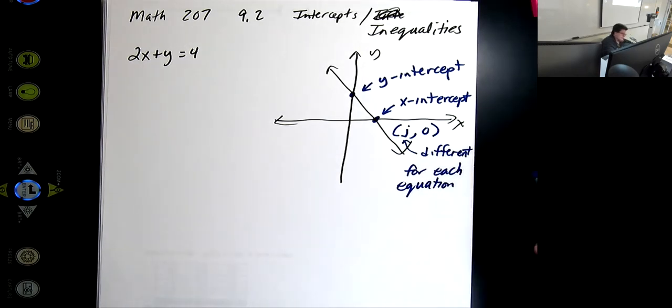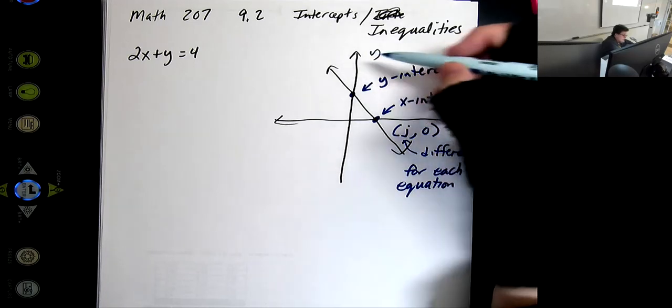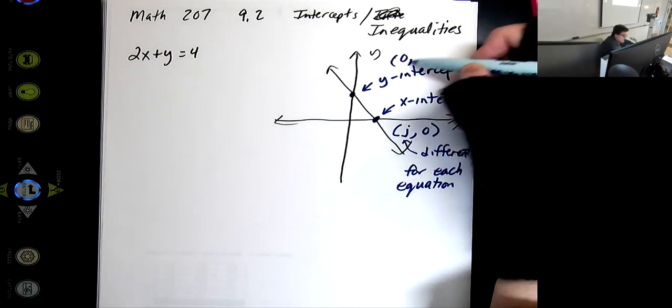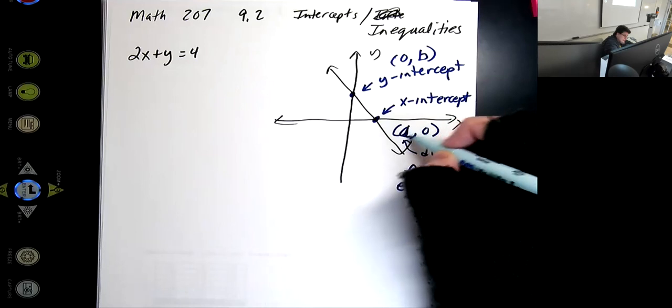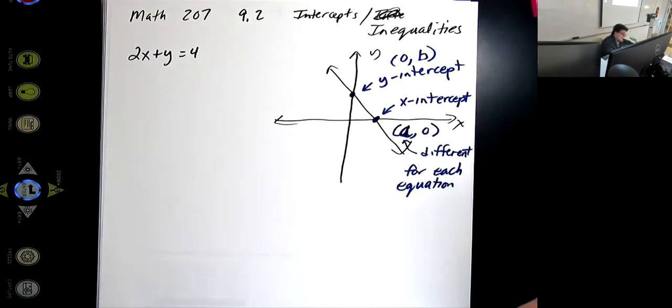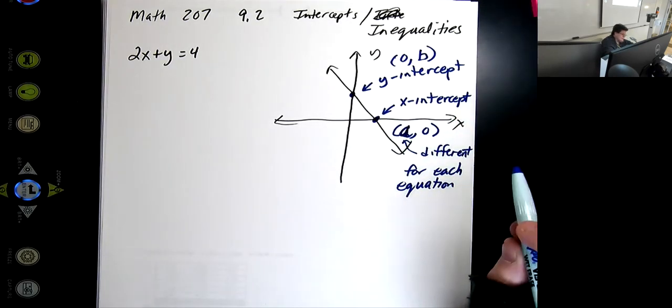The y-intercept doesn't really matter where you cross there. Wherever it crosses, the x value is always 0 there, and I'm going to use b because they use b for y. Maybe I'll use a over here. So it's a value.